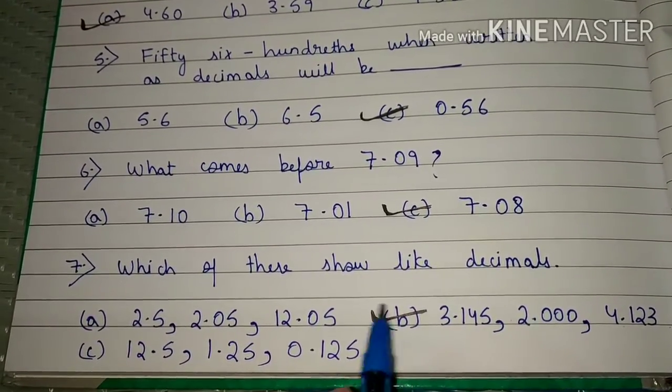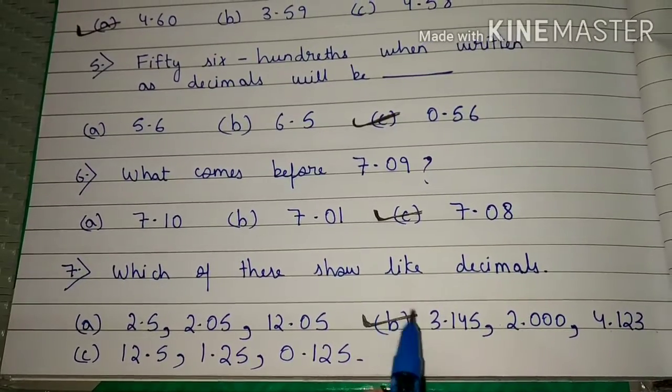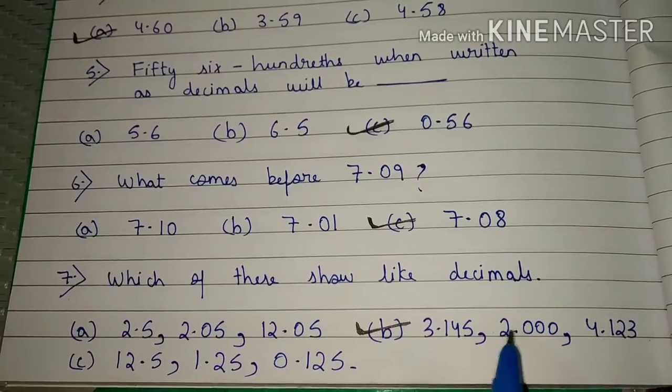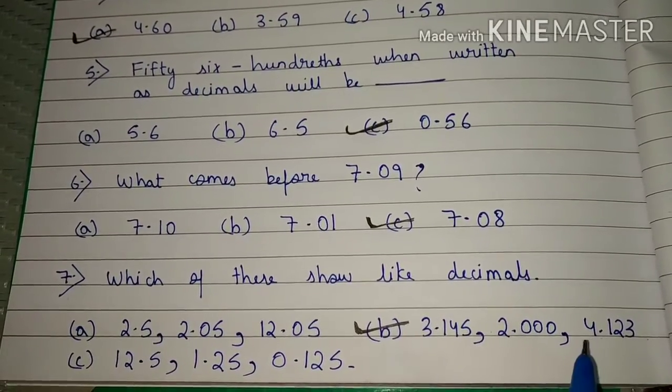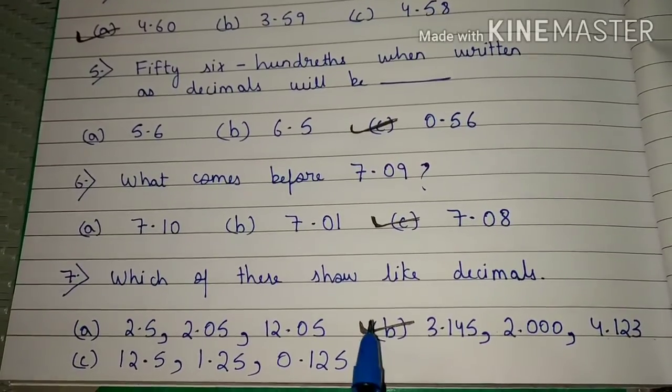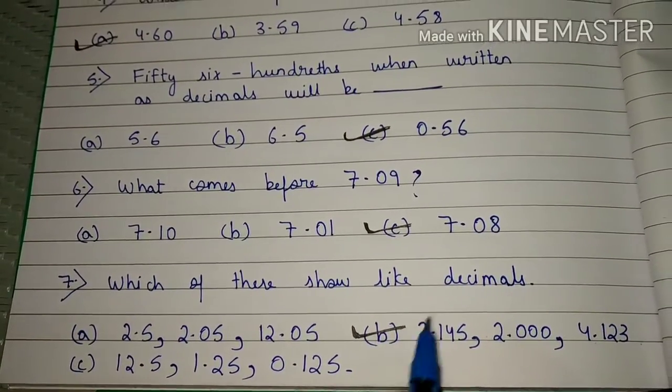So students, correct answer is option B 3.145, 2.000, 4.123. Students, why option B is the correct answer?